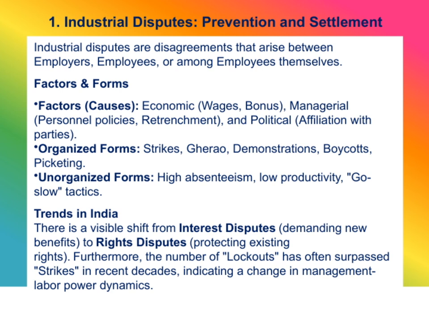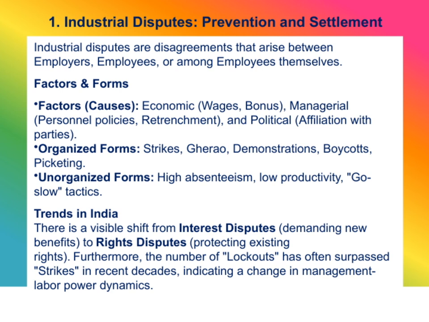Now, if we look at the trends in India, there's a noticeable shift happening. Previously, most disputes were about interest, demanding new benefits or improvements. But now, there's a growing focus on rights disputes, which are about protecting existing rights that workers believe are being violated. Additionally, we're seeing an interesting trend where the number of lockouts, where management temporarily closes the workplace, has started to surpass the number of strikes.